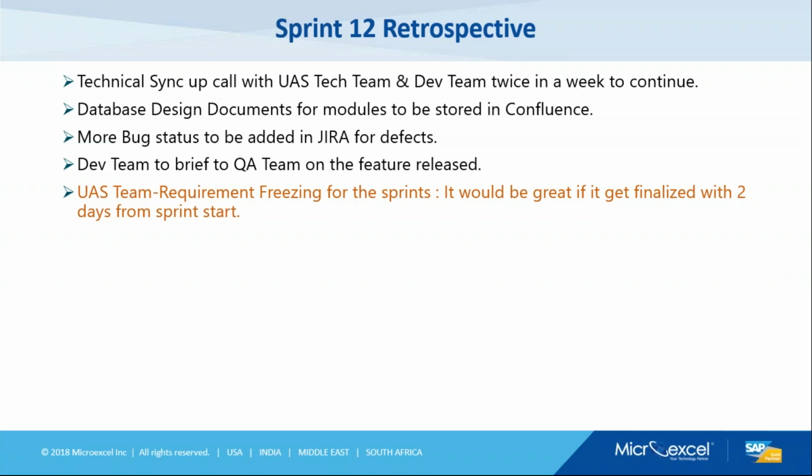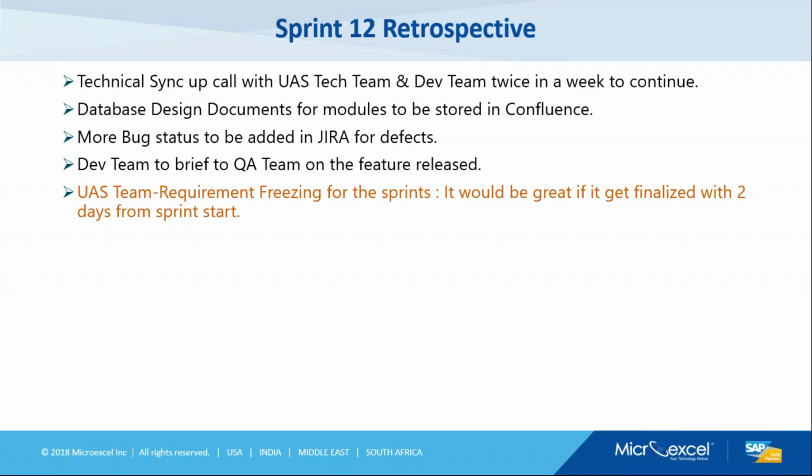In this sprint, what I observed is there is an improvement in the defects. We have a daily release, so the dev team is briefing the QA team on what features we are releasing. We are going to follow that in the next sprint also.